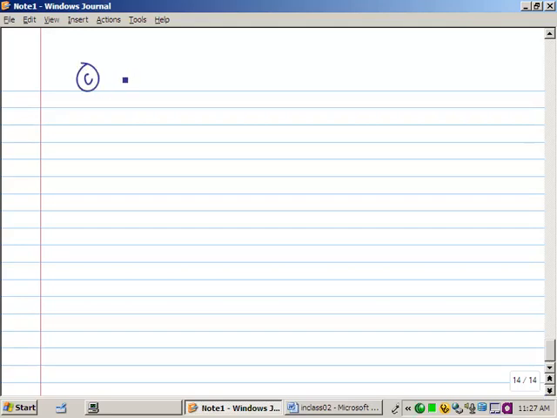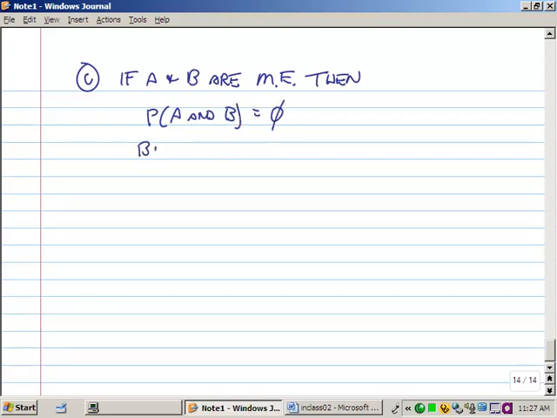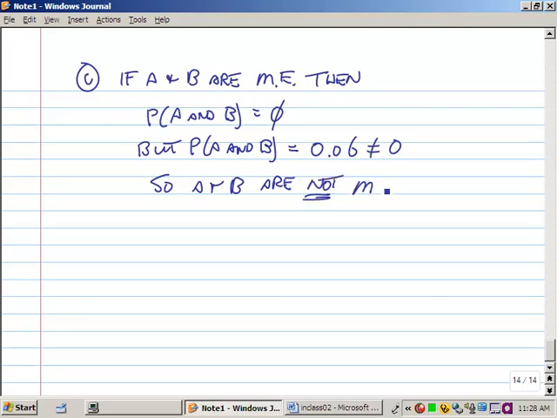Alright, if A and B are mutually exclusive, then probability of A and B would be equal to 0, but probability of A and B is equal to 0.06, not 0, so A and B are not mutually exclusive. Okay.